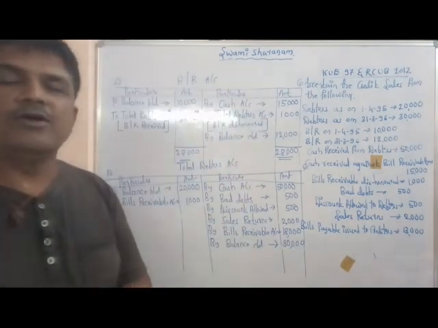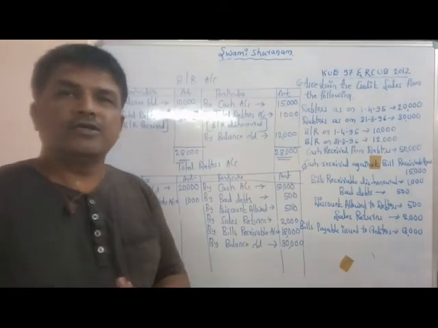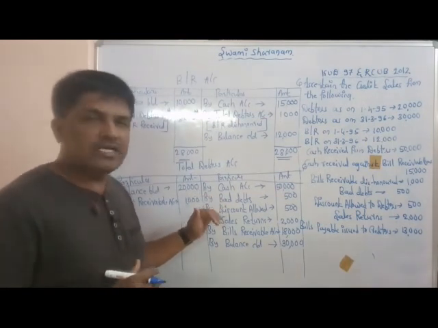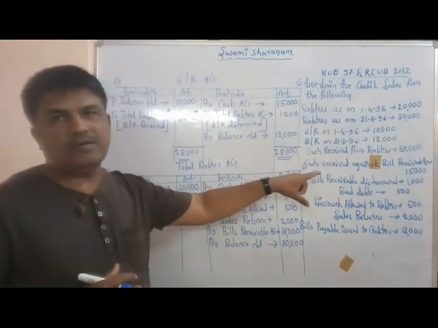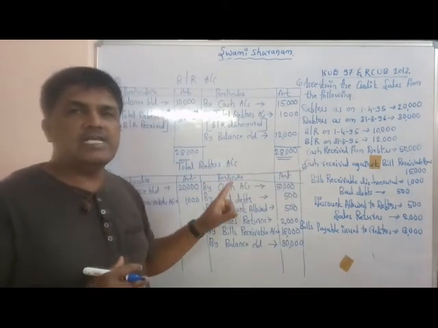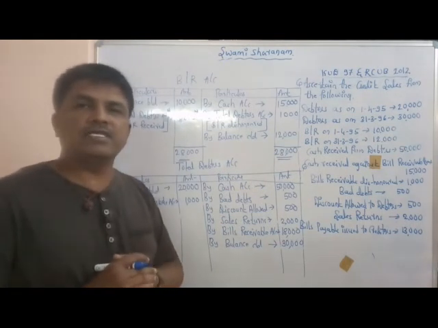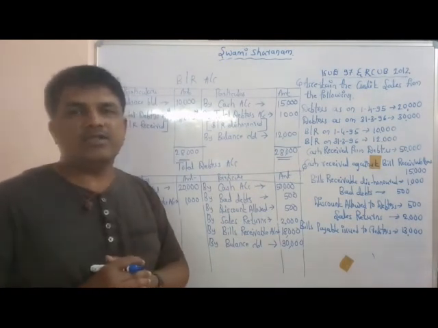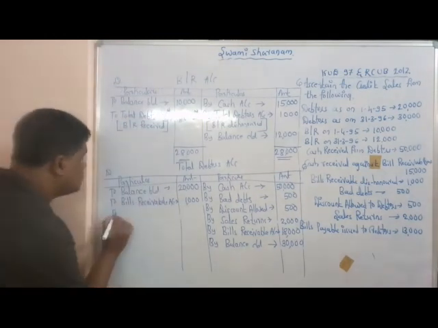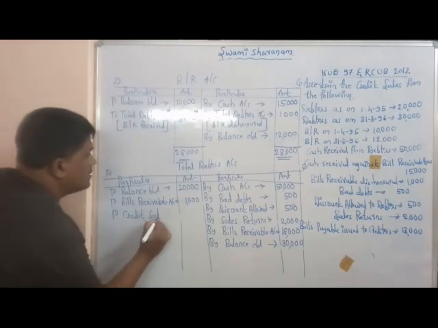So students, one thing you must remember: usually the total debtors account is prepared to find out the credit sales. We have recorded all the items given in the problem. Then credit sales is found out by preparing the total debtors account. Usually credit sales appears on the debit side of the total debtors account. On the debit side we write, to credit sales.